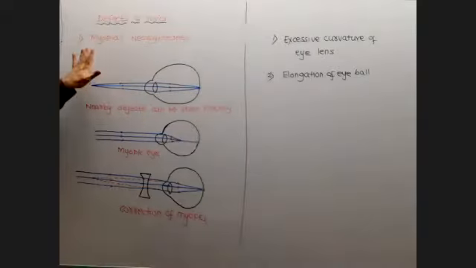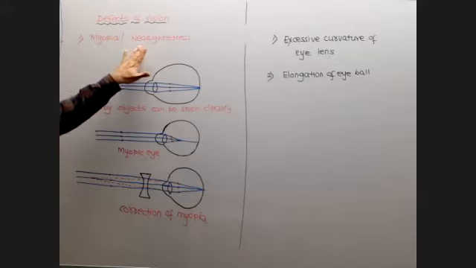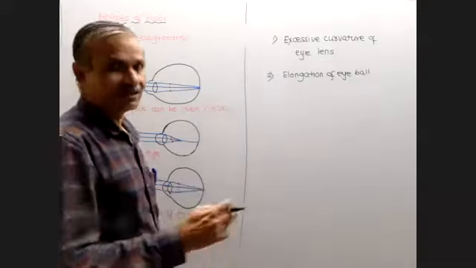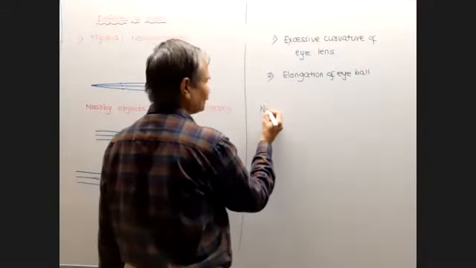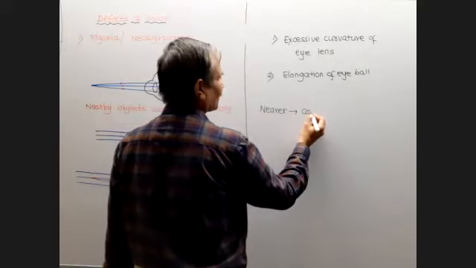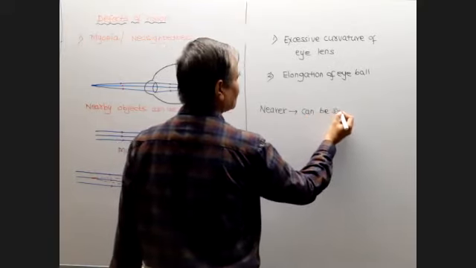First is myopia or nearsightedness. So what happens in myopia?